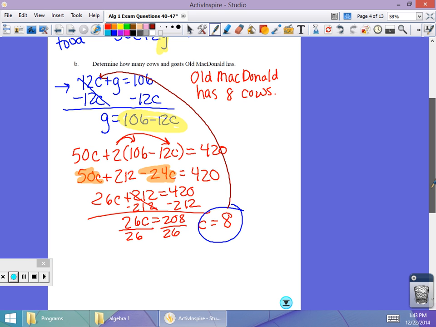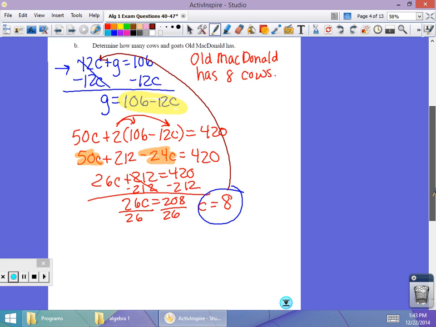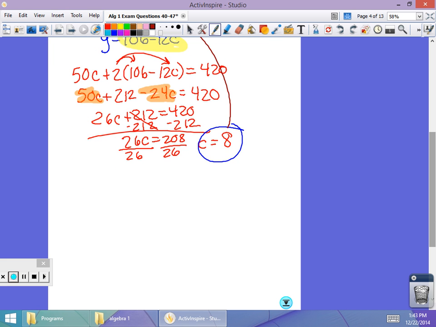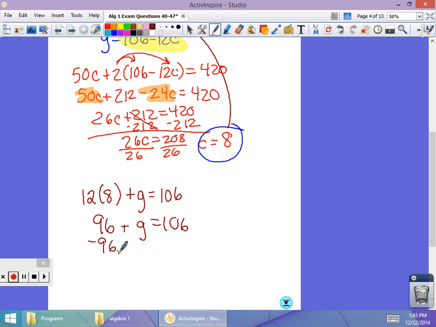So it'll be 12C plus G equals 106 with the 8 plugged in. Twelve times 8 is 96 plus G equals 106. Subtract 96 from both sides. G equals 10. G stands for goats.